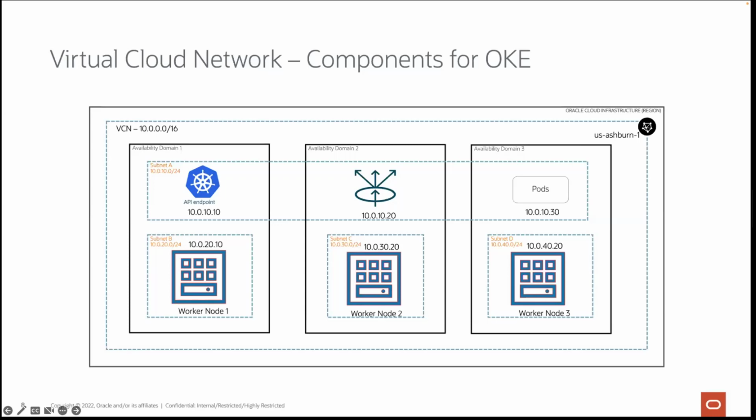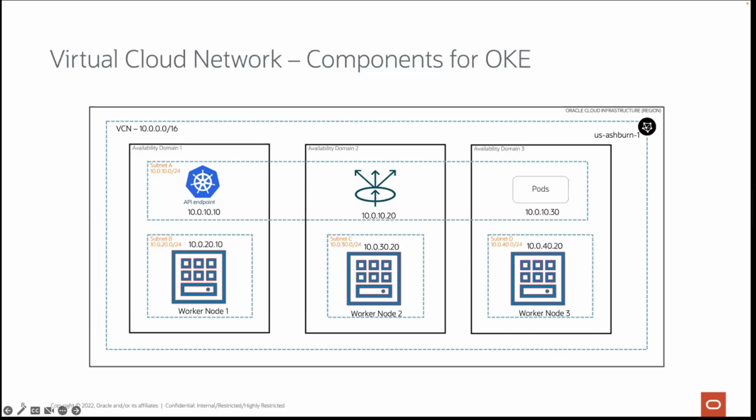Once you have your subnets, you can start deploying Oracle Kubernetes resources into those subnets. In this example, as you can see, we have the worker nodes for your Oracle Kubernetes clusters created in multiple availability domains. Worker node 1 is in AD1, worker node 2 is in AD2, and worker node 3 is in AD3.